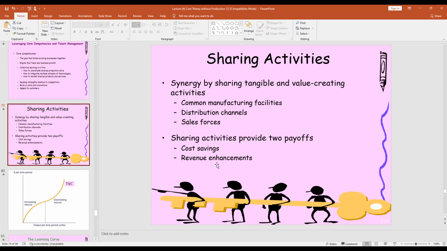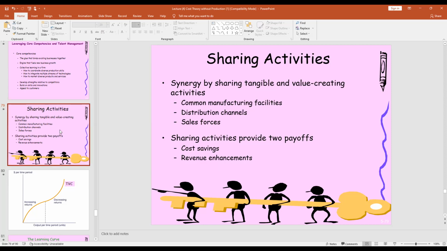It can be common manufacturing facilities, distribution channels or sales forces. Sometimes human resources can be shared. The same manager can check 2-3 product developments by the same manufacturing base of particular plants.